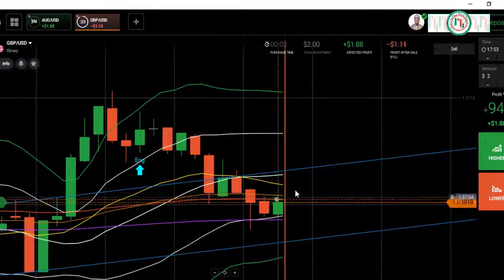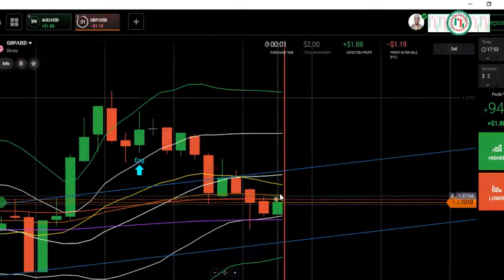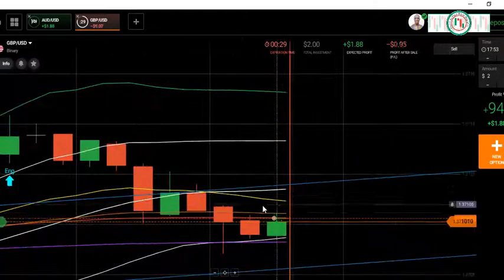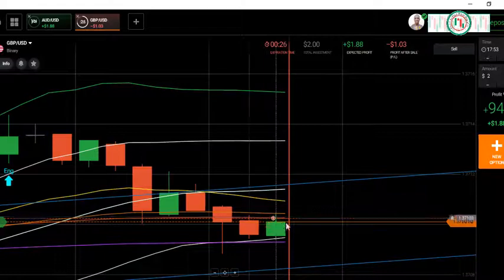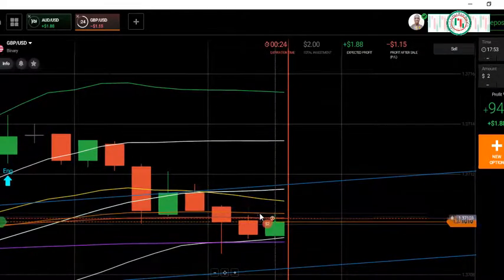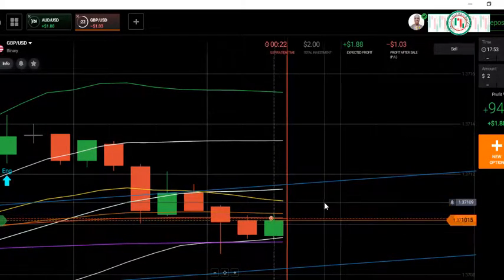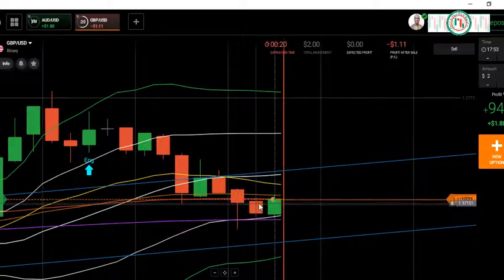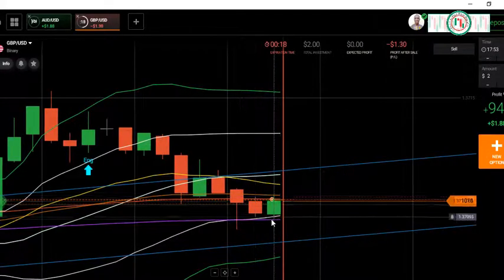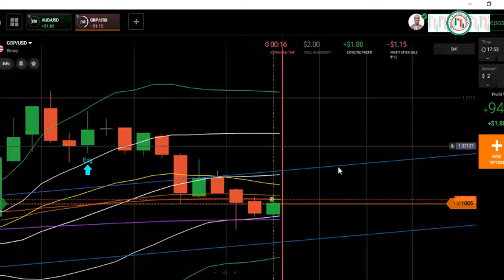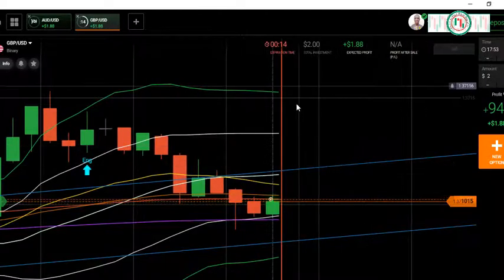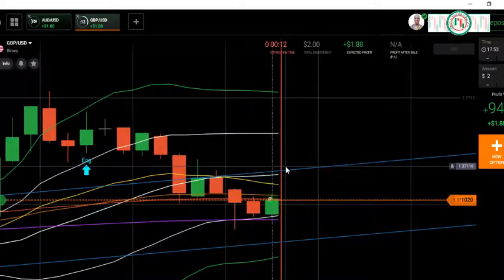Yes, very nice entry. I know the market will not break this 50, 100 EMA. It will close between 100 and 200 EMA, definitely. That's why I place my trade put option.